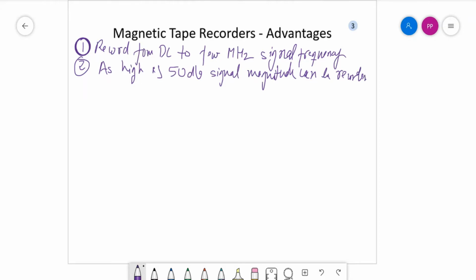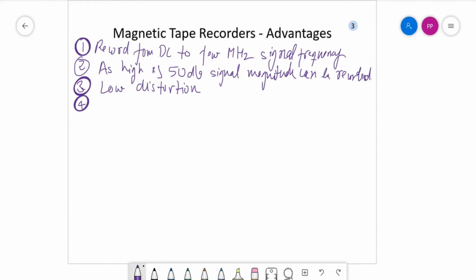So there are several such advantages. The third advantage is that the distortion is low. So low distortion is a very important advantage to ensure the signal quality that we are recording and reproducing.